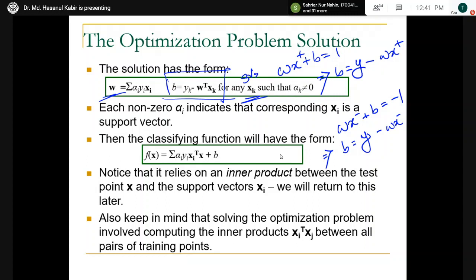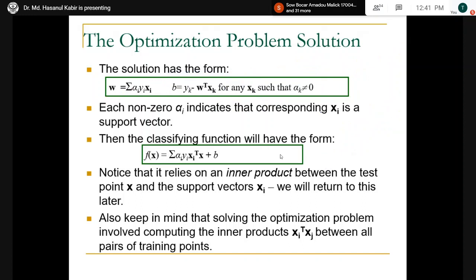So now you know the value of B and the value of W, and of course what we have done is we have already maximized the function M. This is your W star, this is your bias B star, whatever you are looking for. Now once you want to go for testing, what do you have to do?